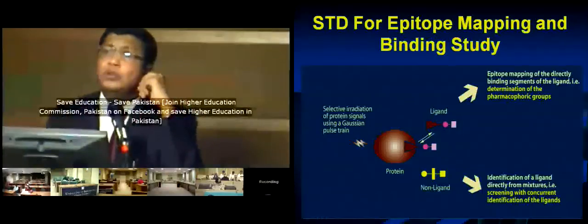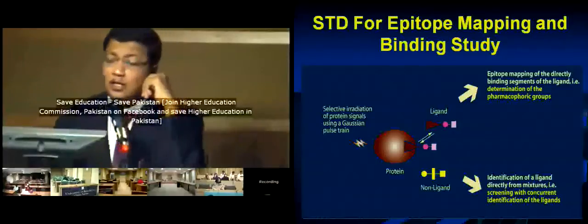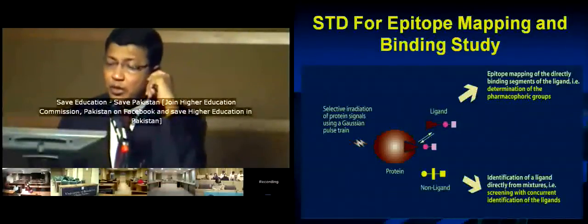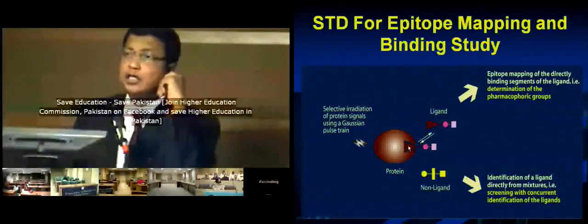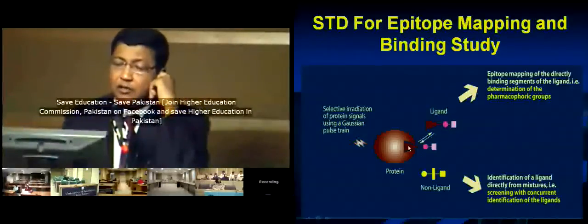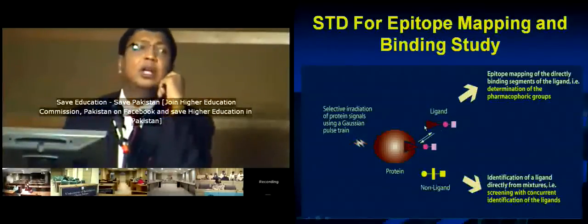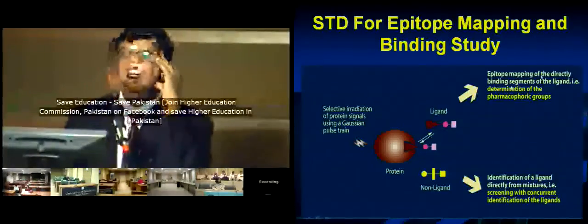Only those protons which are close in space, less than 6 angstrom, receive energy from the protein by nuclear Overhauser effect or cross-relaxation, and these are the epitope. This is the part of the molecule which is called epitope, and the whole process is called epitope mapping.